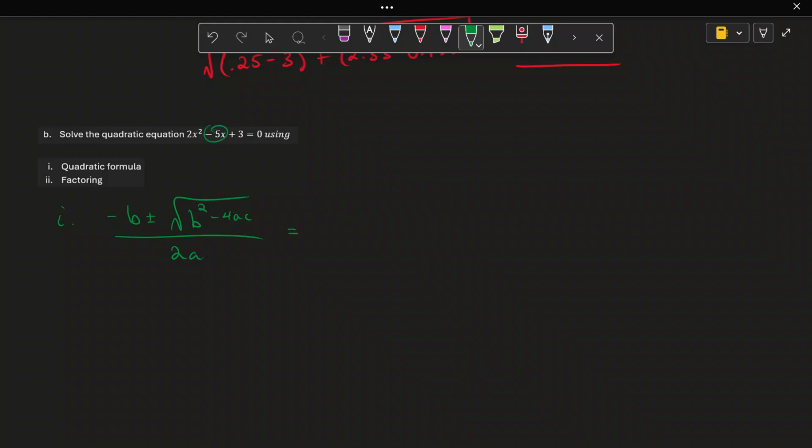b is going to be your negative 5. So you have negative negative 5 plus or minus the square root of negative 5 squared minus 4 times 2, because that's your a value, and this is c, 4ac, divided by 2 times 2.